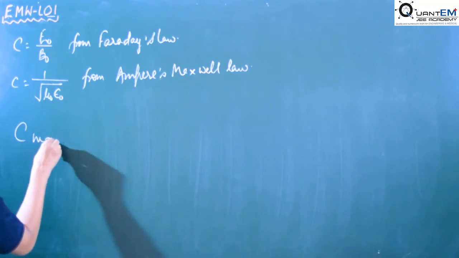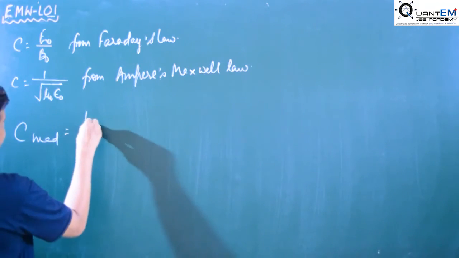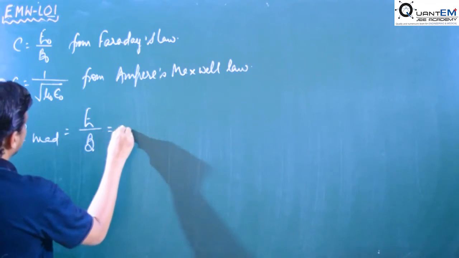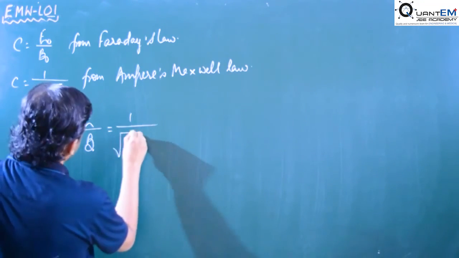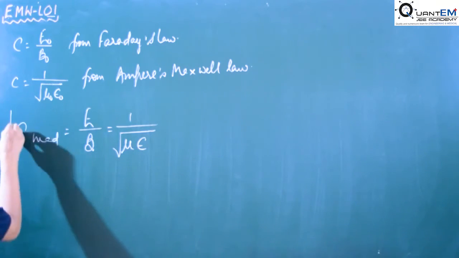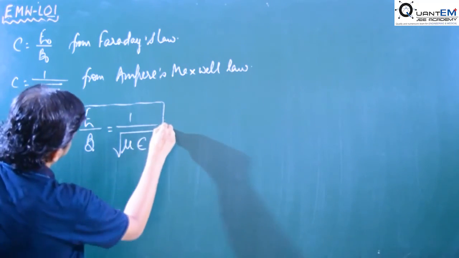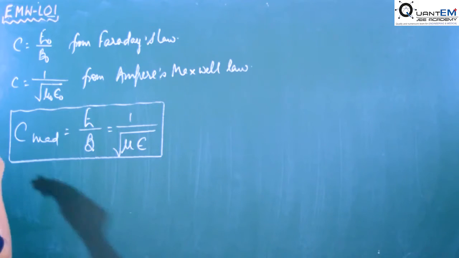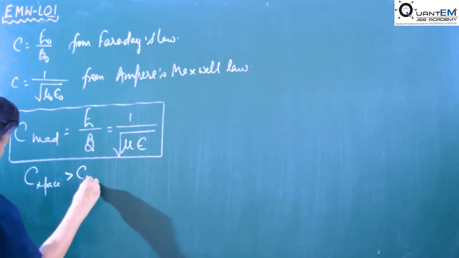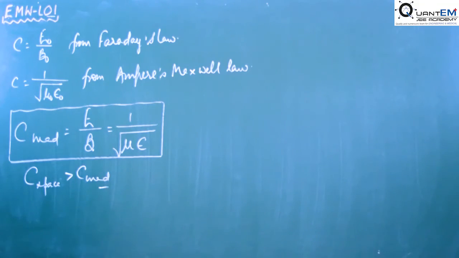C in the medium is equal to electric field in the medium divided by magnetic field in the medium, and that is also 1 by under root of the permeability and the permittivity of the medium. C in space is greater than c in the medium. Now we come to more results.